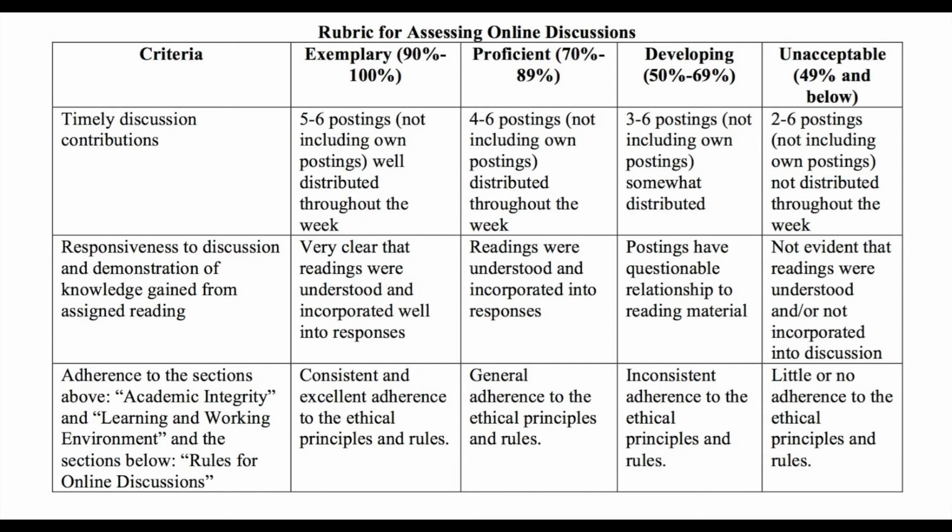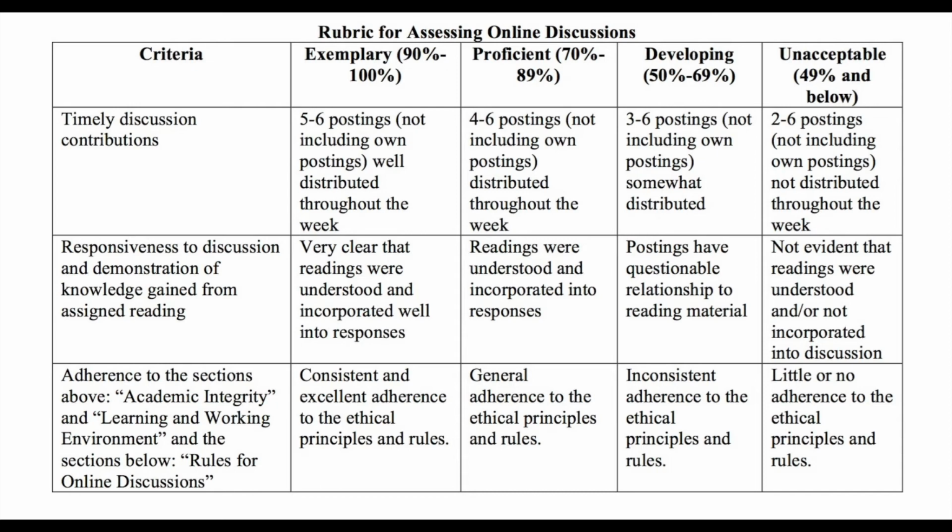Here's the rubric for assessing online discussions. To receive an exemplary, that is 90 to 100%, you must have at least 5 postings, not including your own, well distributed throughout the week. Regarding responsiveness to discussion and your demonstration of knowledge gained from assigned reading, it must be demonstrated that you have a clear understanding of the readings and that you incorporate them into your responses.